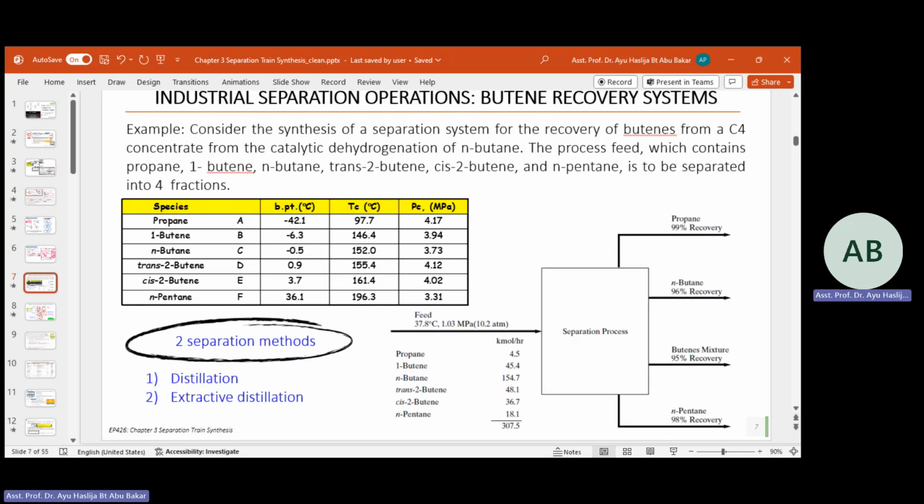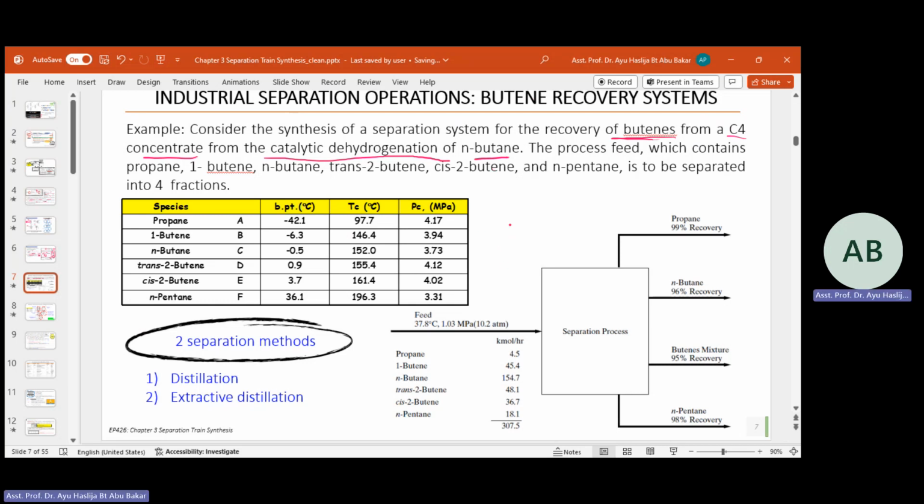Now we go for this one example, where you have to consider the synthesis of a separation system for the recovery of butenes from C4 concentrate from the catalytic dehydrogenation of N-butane.